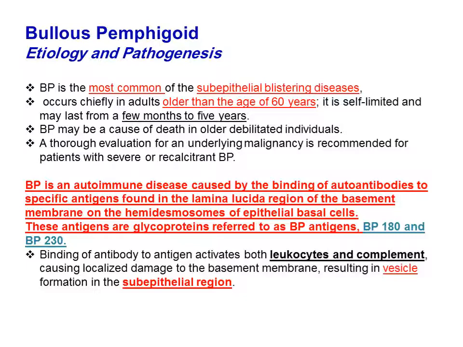These antigens are glycoproteins referred to as bullous pemphigoid antigen 180 and 230. Binding of the antibody to antigen activates both leukocytes and complement, causing localized damage to the basement membrane, resulting in vesicle formation in the subepithelial region.